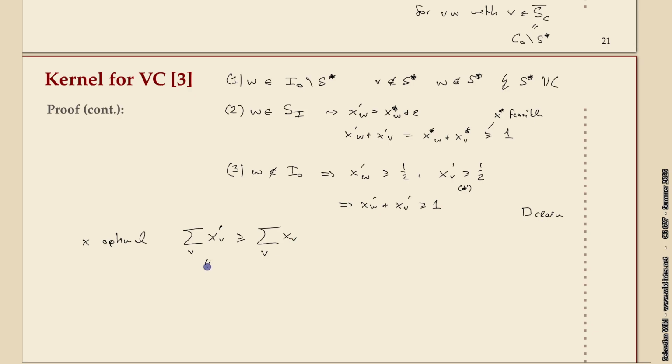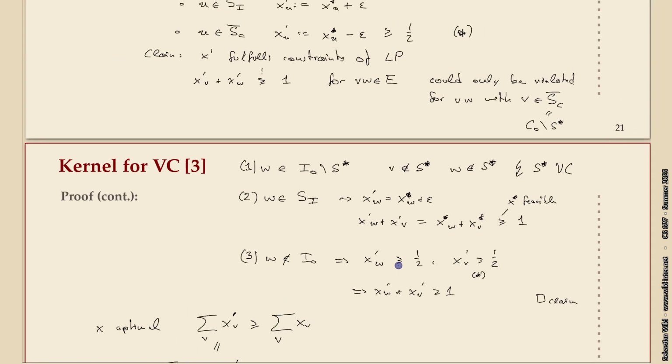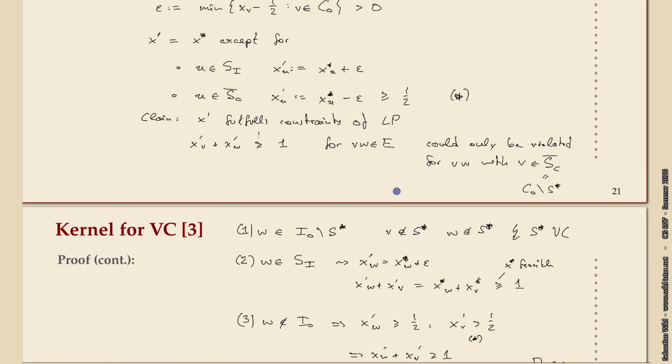And if you rewrite this, the definition of this x_v prime, this entire sum here, we sum over all the vertices, and then it's the original x_v, and then we have epsilon times something we subtract and something we add. So if we go back to the part here, what do we add?